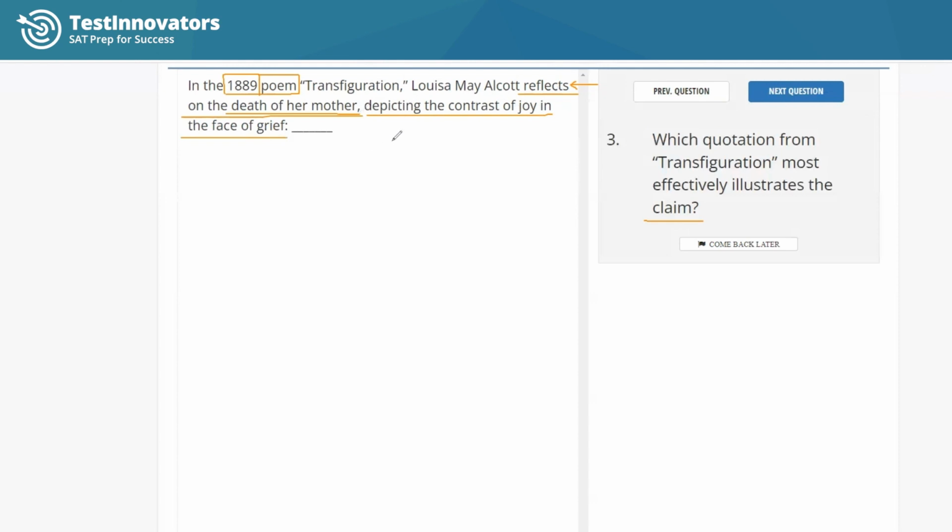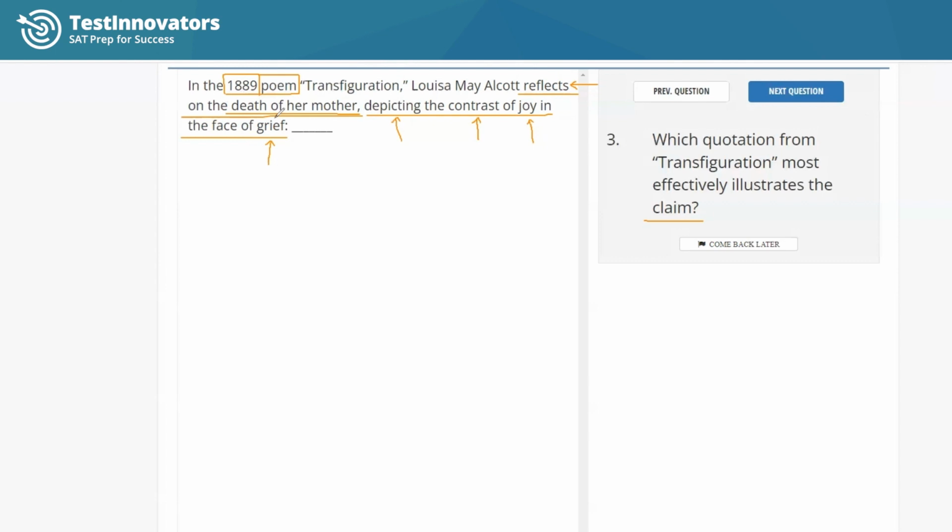And as she thinks about her mother's passing, she depicts or shows the contrast or difference between joy or happiness and grief, sadness. So she's thinking about the passing of her mother, the death of her mother, and as she's thinking about it, she is showing the difference between happiness and sadness she's feeling in that moment.